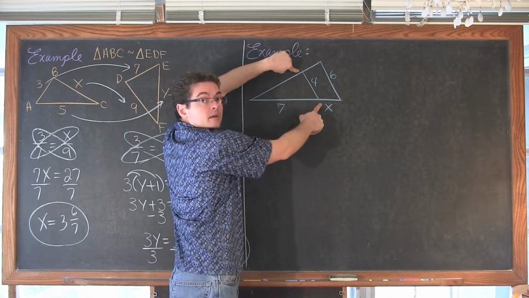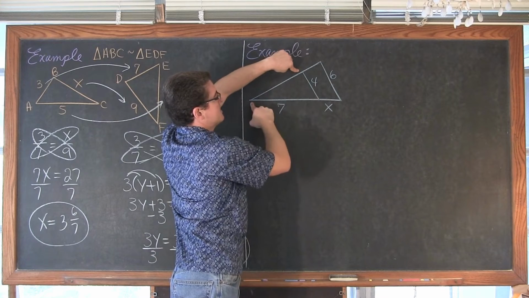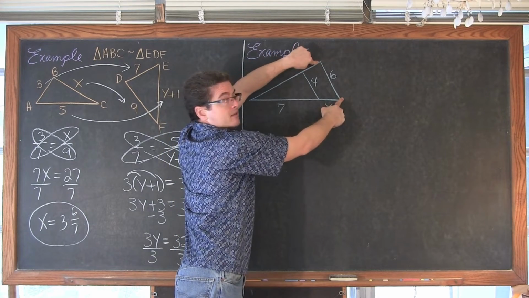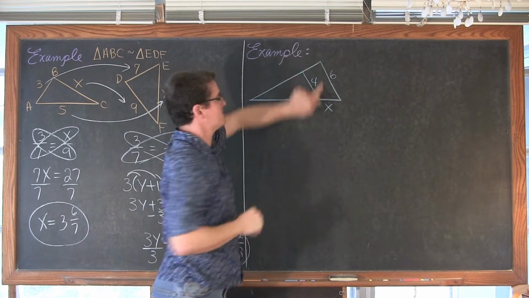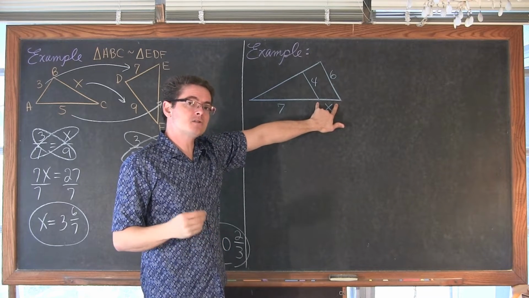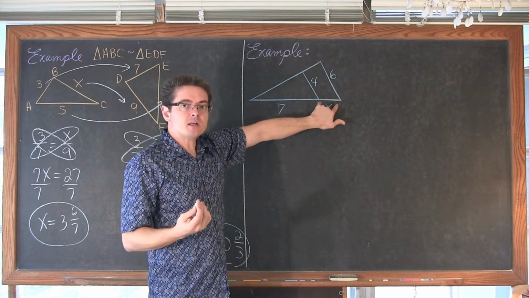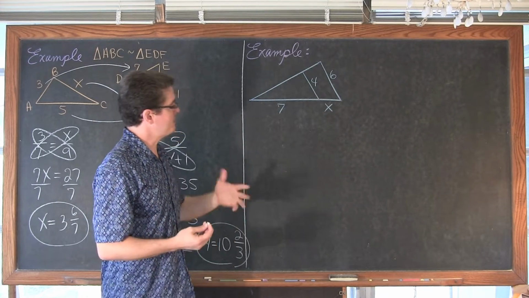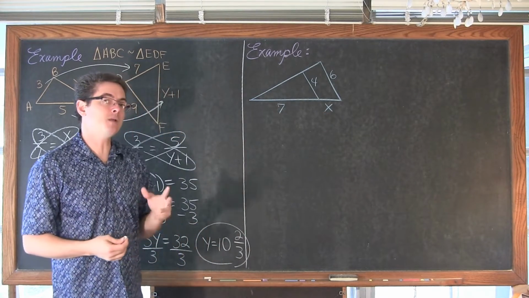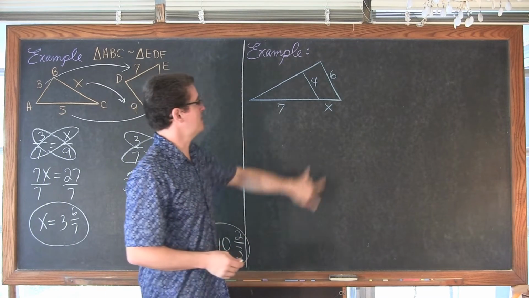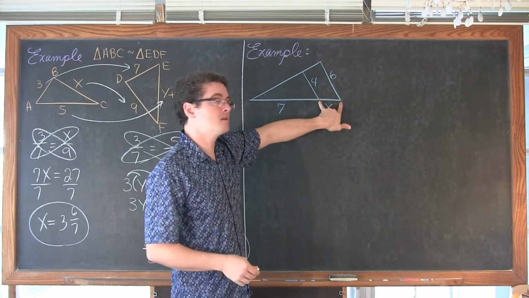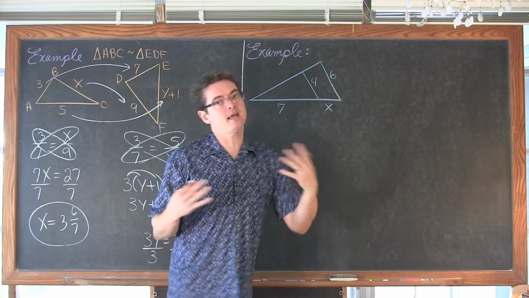The 4 is an entire length of this small inside triangle. And the 6 is an entire length of this large triangle around the outside, where the x is only a little tiny piece. If I try and set up equal proportions with this diagram, I'm not going to get the right answer if I don't recognize that this x is just a tiny little piece and all these other parts are complete lengths.